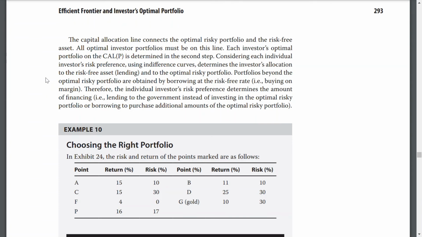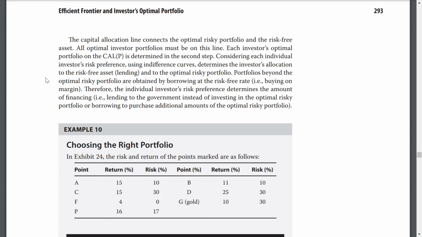Each investor's optimal portfolio on CAL P is determined by the second step, considering each individual investor's risk preference using indifference curves, which determines the investor's allocation to the risk-free asset, lending, and to the optimal risky portfolio. Portfolios beyond the optimal risky portfolio are obtained by borrowing at the risk-free rate.